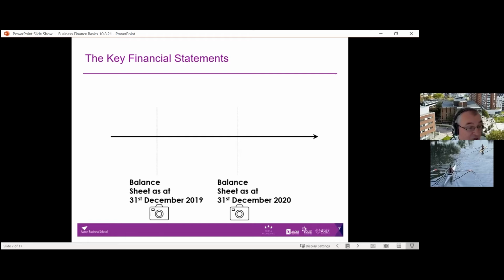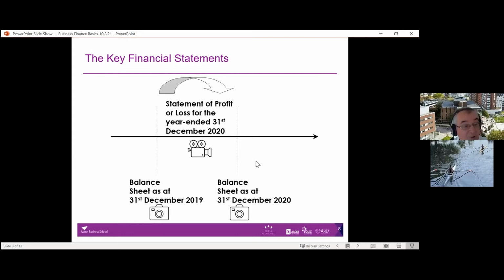So that's a bit of an overview of the balance sheet, whereas the P&L or the statement of profit or loss measures basically the changes that have occurred between the two balance sheets. So the statement of profit or loss or P&L income statement is measuring how well the business performed in generating income and in the difference between the income and the expenses.